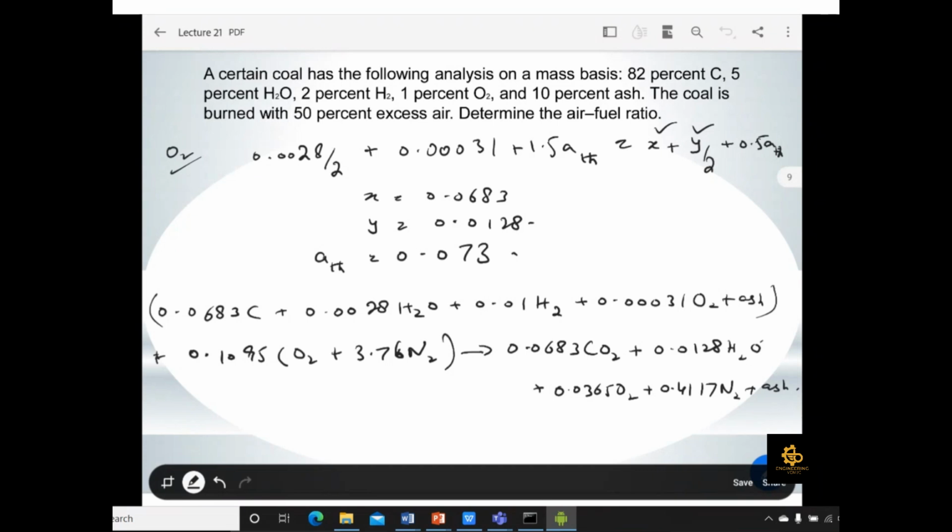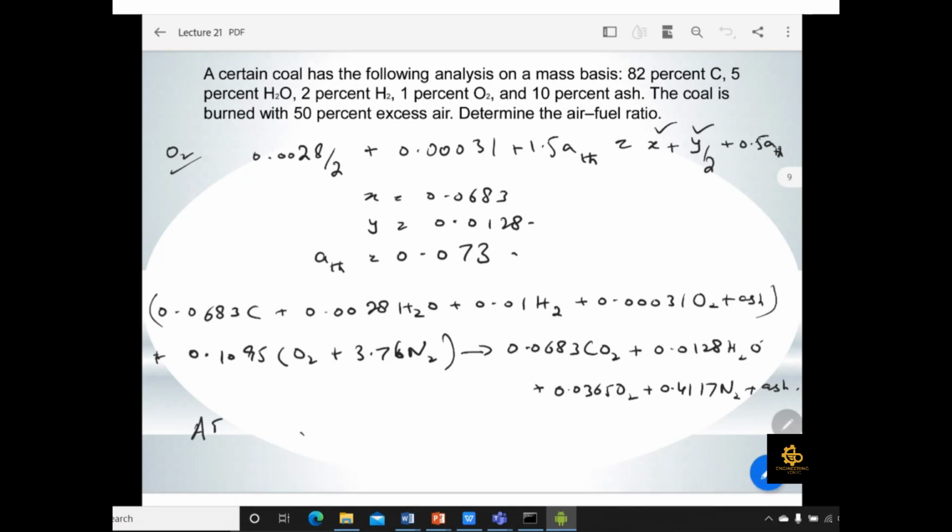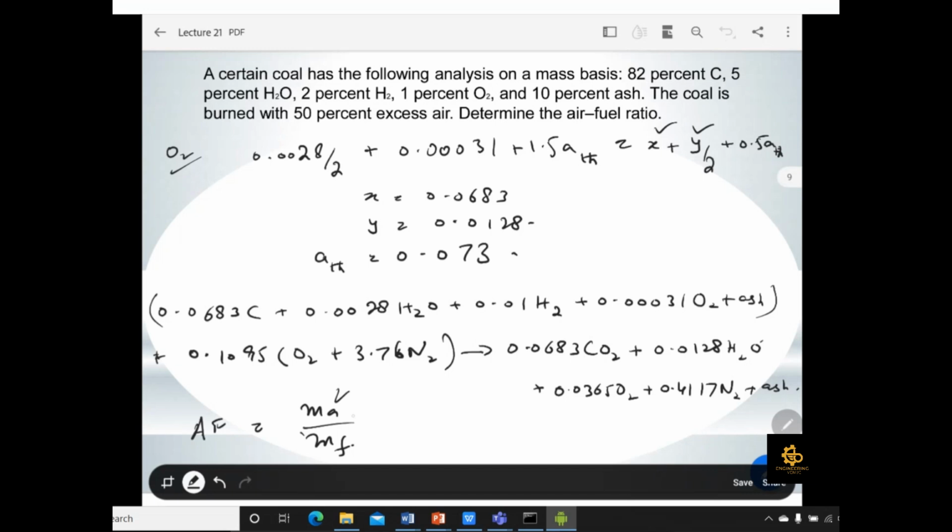Okay, so from here you can easily find the air fuel ratio. Air fuel ratio, you already know, is equal to mass of air over mass of fuel. Here we are analyzing air fuel ratio in terms of kg of air per kg of fuel.